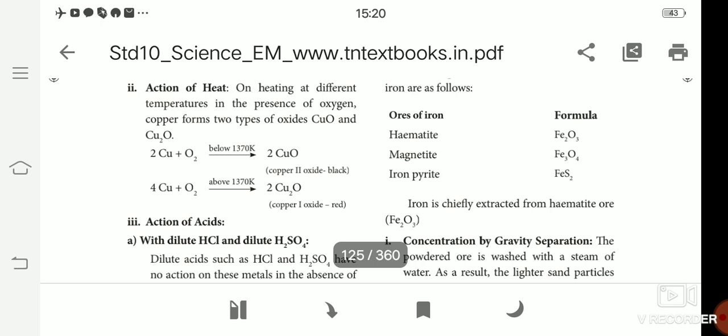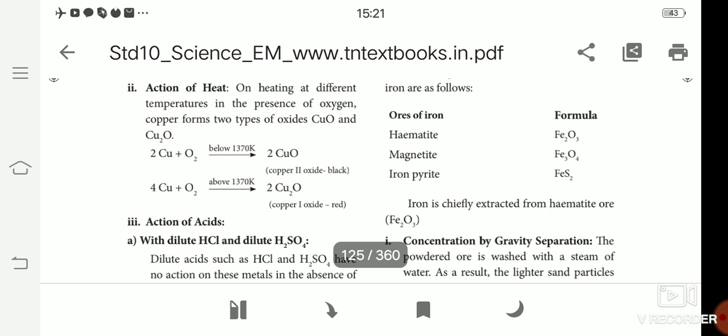As a result, the moisture is driven out and sulfur, arsenic and phosphorus impurities are oxidized. This is the roasting and calcination process.